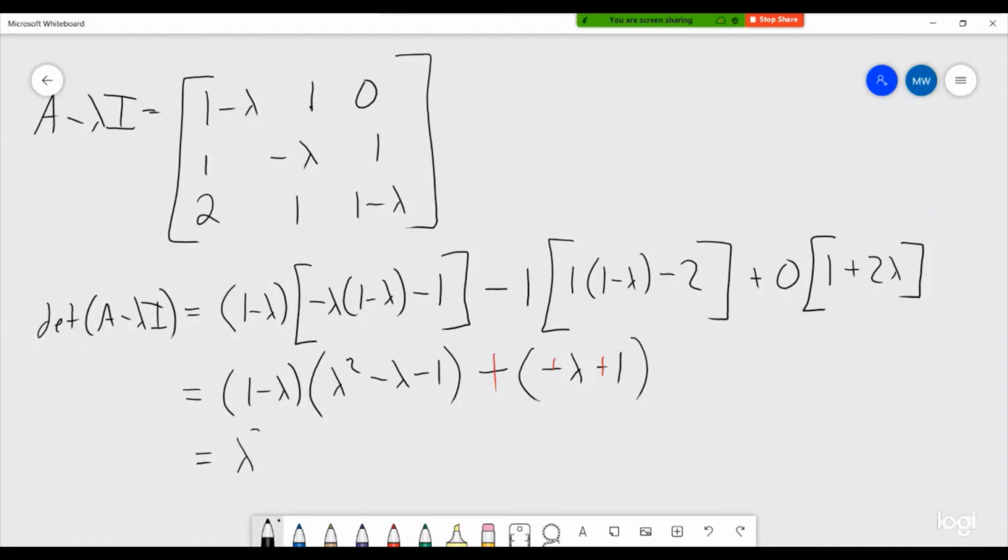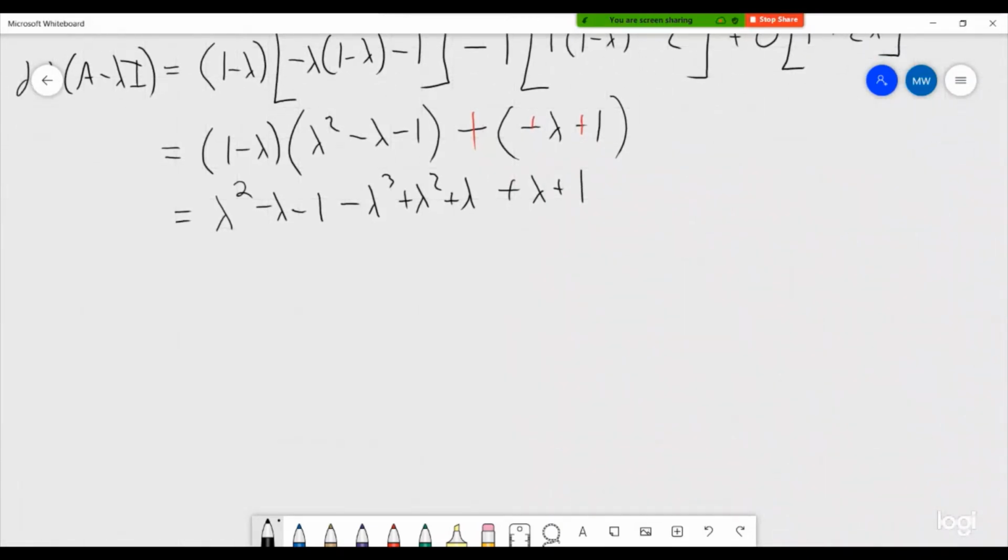So this is lambda cubed, whoops, my mistake, lambda squared minus lambda minus 1 minus lambda cubed plus lambda squared plus lambda plus lambda plus 1. So that is negative lambda cubed plus 2 lambda squared minus lambda plus lambda plus lambda, so that becomes a plus lambda, and then plus 0.